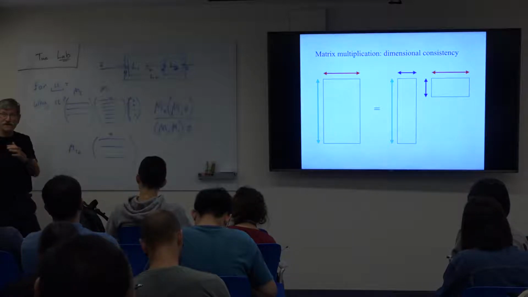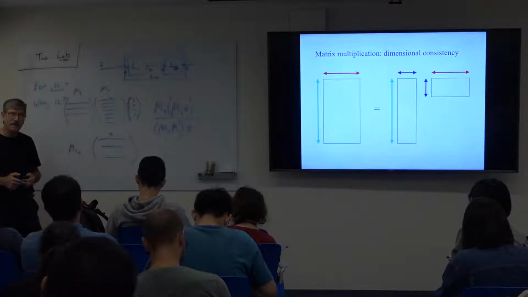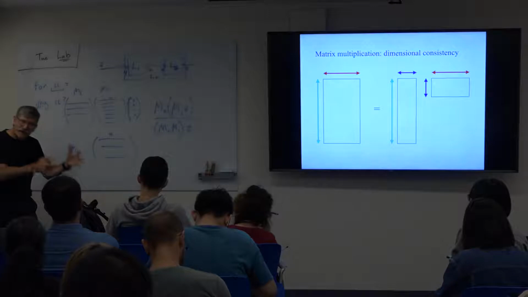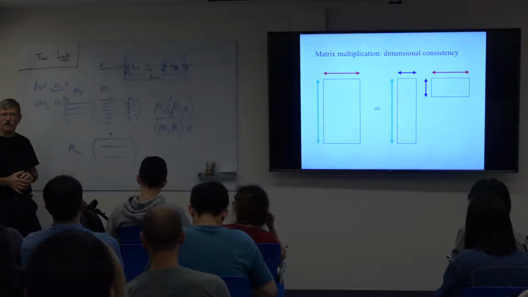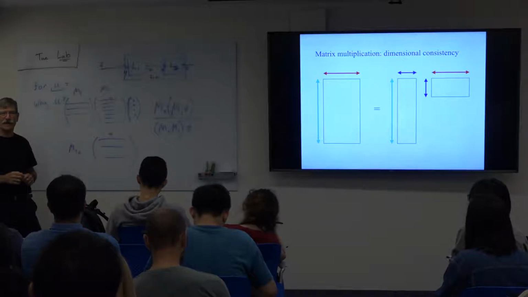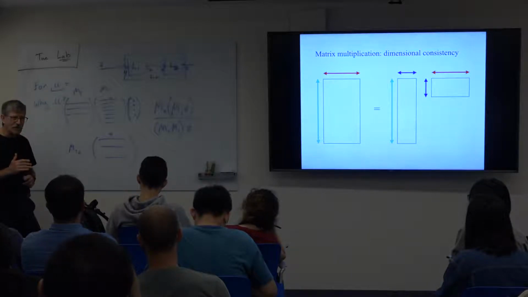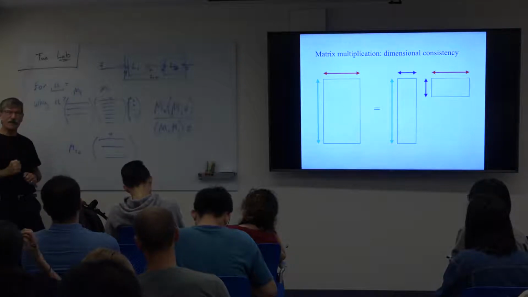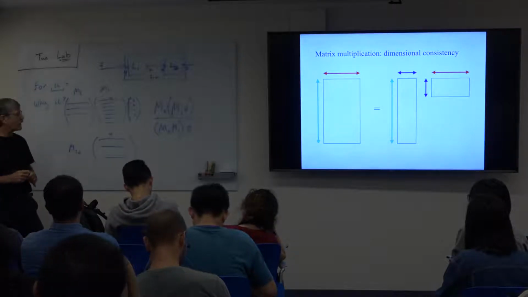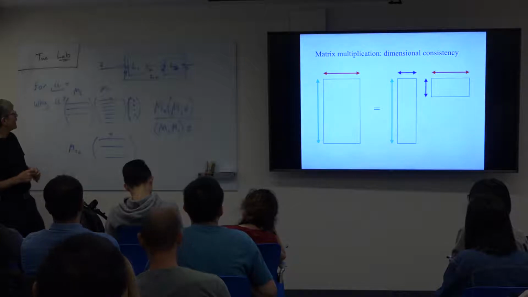You can move the parentheses around: A times B times C is the same as A times B times C. It works for multiplication, it works for addition, it works for matrix multiplication as well. And at first, it's working for matrix times vector because I'm just asserting it. I'm defining it that way. And so that's a way to get at what matrix multiplication is.